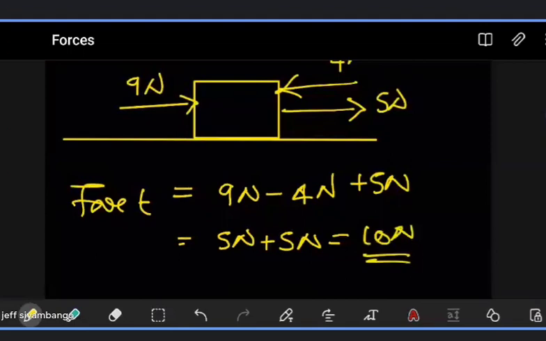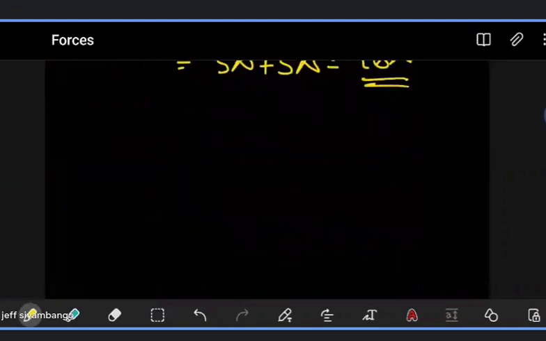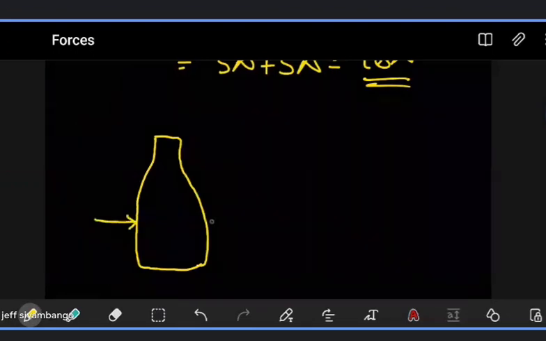Now, before we proceed, forces tend to cause different results on an object. For example, let's say you have a plastic water bottle. And then you decide to compress it, or apply a force with your left hand in this direction and another force with your right hand in this direction.